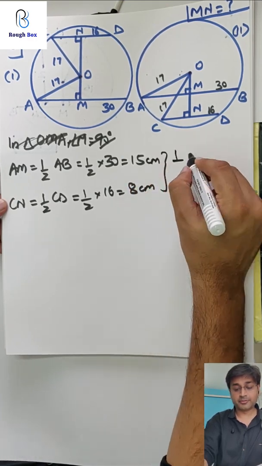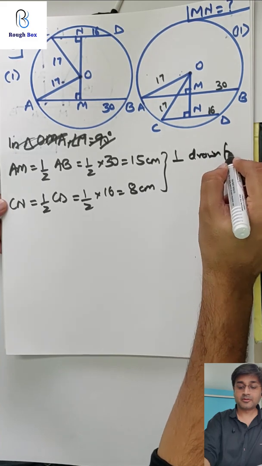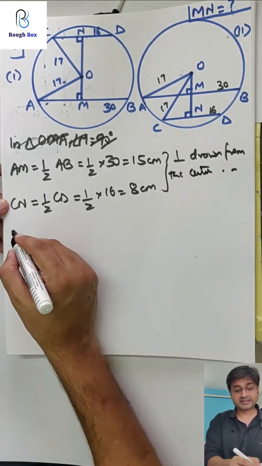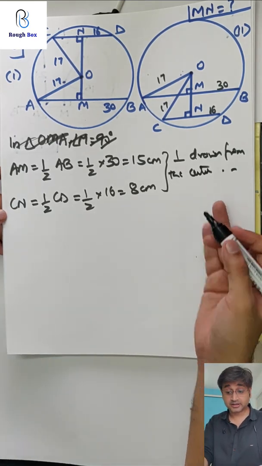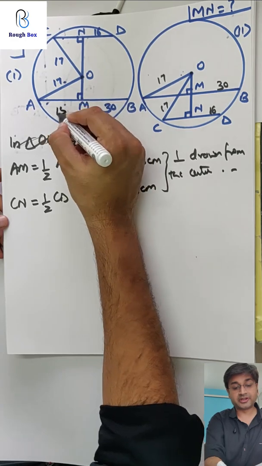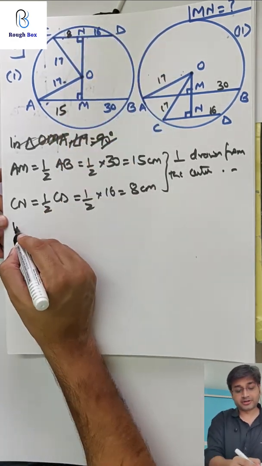Reason for both of them: perpendicular drawn from the center of the circle to the chord bisects the chord. Please write the entire statement. This is not allowed in the exam. Okay. So now that we got these two as 15 and 8, let's jump into the triangles.